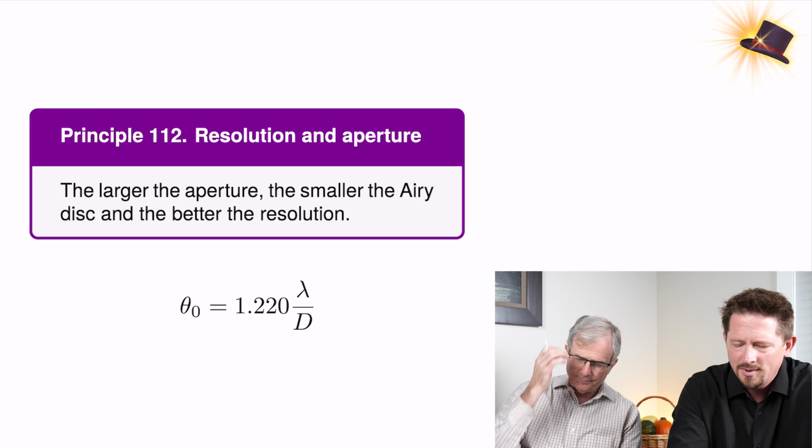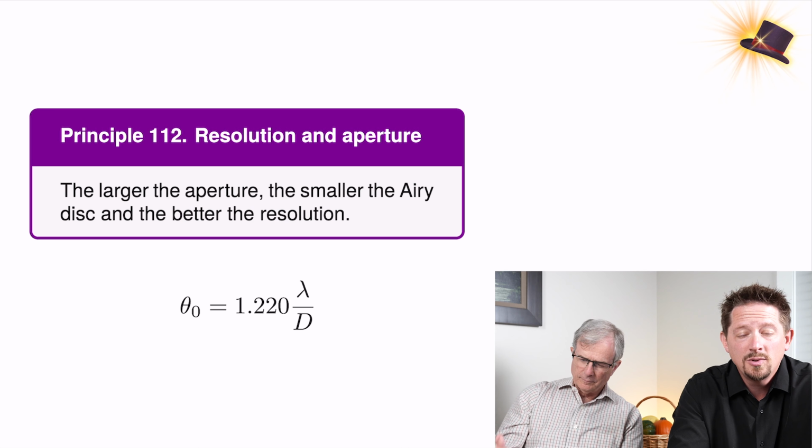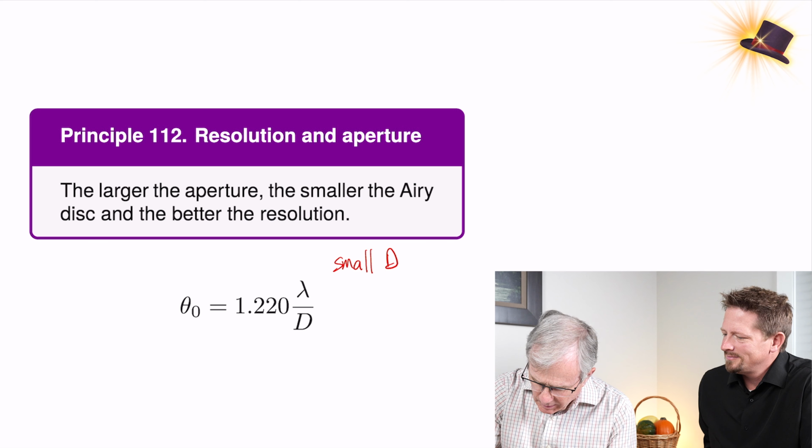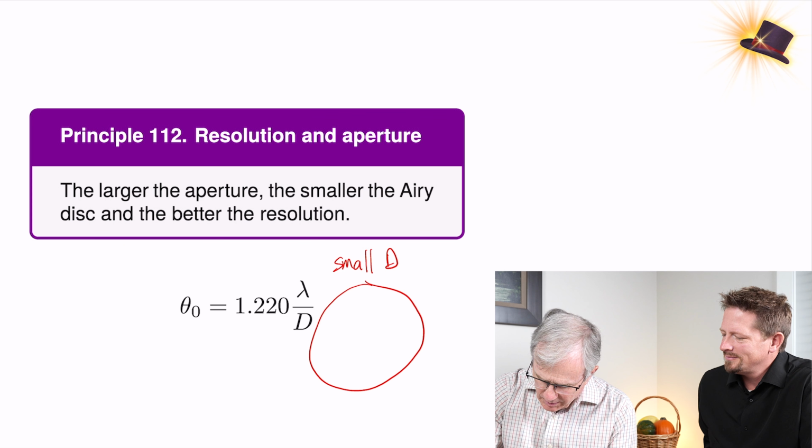Principle 112, resolution and aperture. We told you it'd come back. The larger the aperture, the smaller the Airy disk, and the better the resolution. For a small aperture D, you're going to get a big Airy disk.